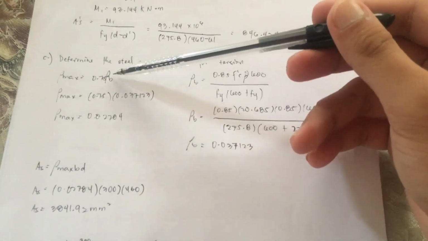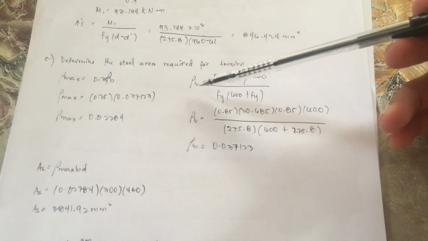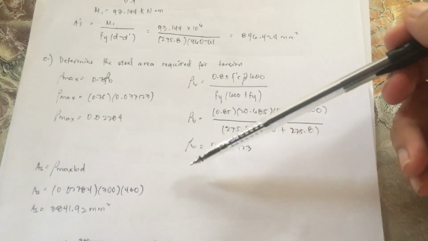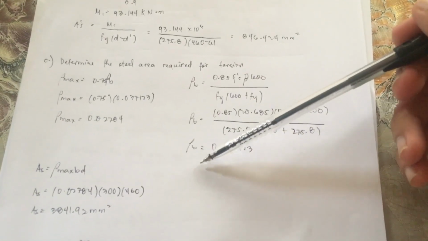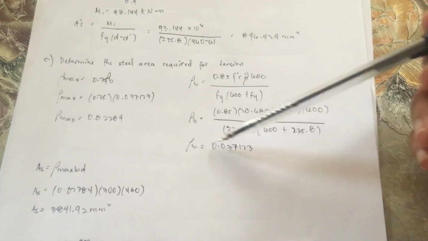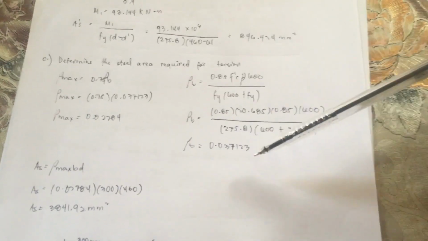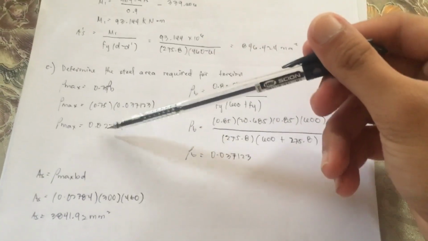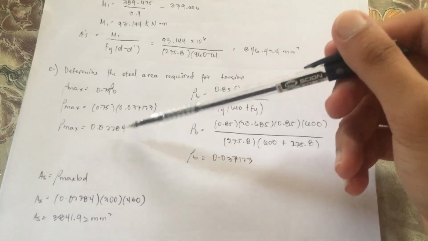Since we don't have this value, we have this formula, and let's substitute all the given values. The balanced steel reinforcement ratio is equal to 0.037123.